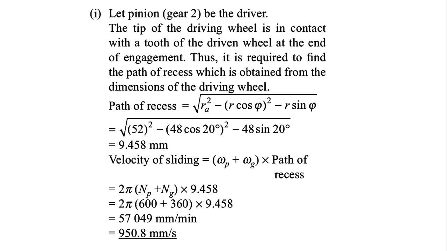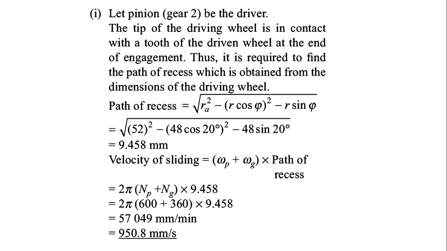You only have to take the path of recess because we have taken the pinion, that is gear 2, to be the driver. If the tip of the driving wheel is in contact with the tooth of the driven wheel, then at the end of the engagement you will get this path of recess.